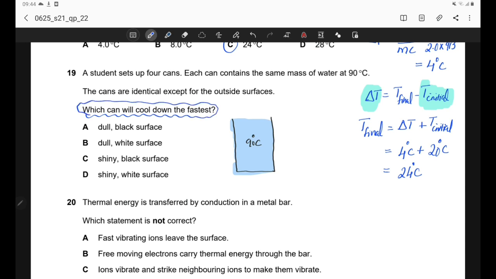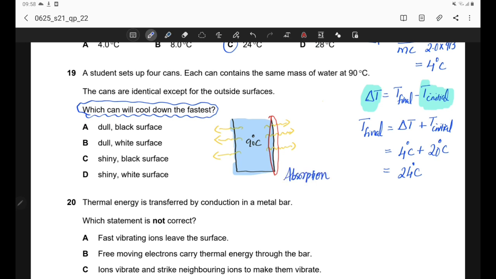So how will this can cool down fastest? The heat from the water should be absorbed by the can easily, and the can should let the heat go out quickly. Only then will the can cool down quickly. In order to cool down fastest, we should choose the surface which absorbs heat faster, and absorption is more for surfaces which are dull black in color.